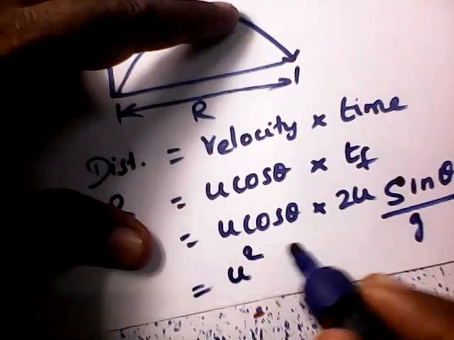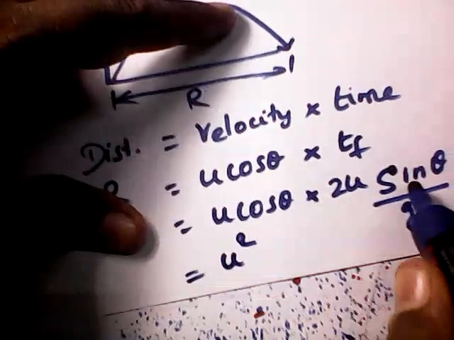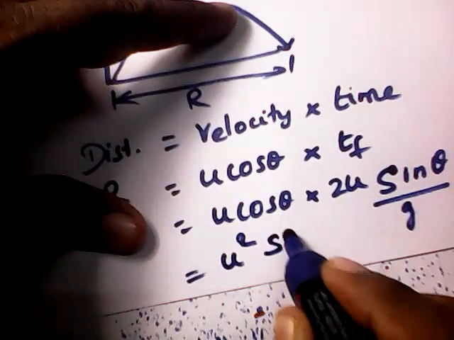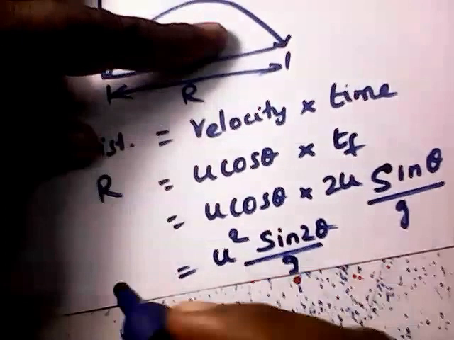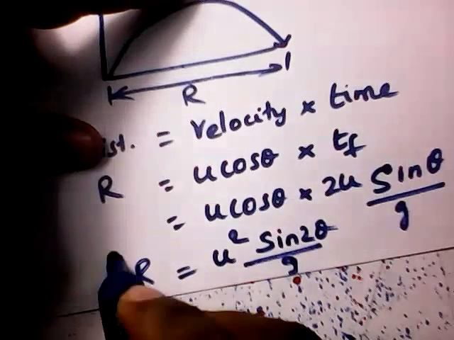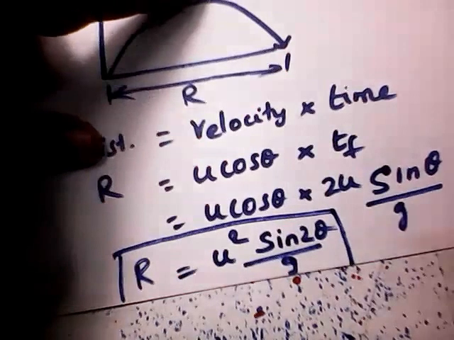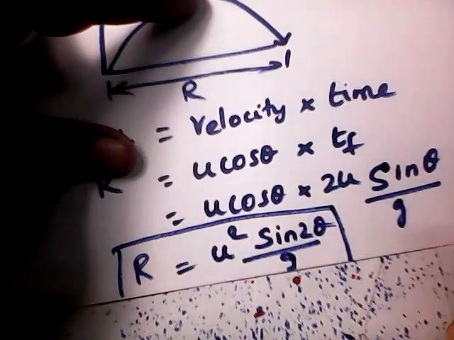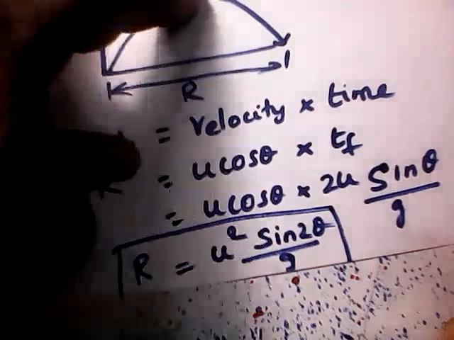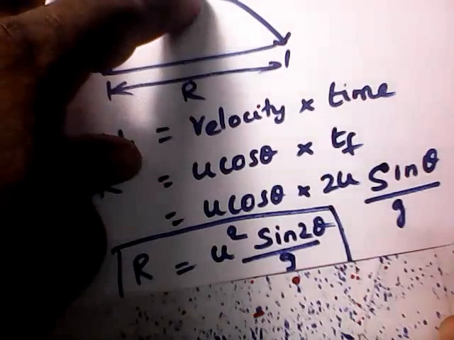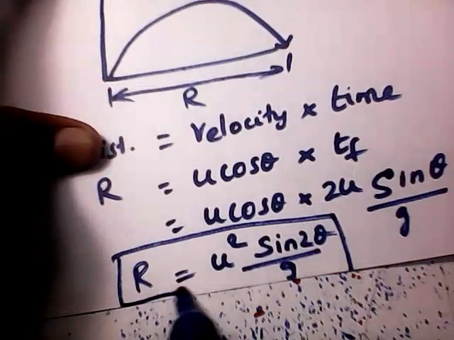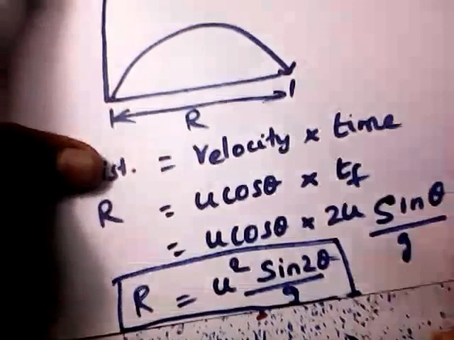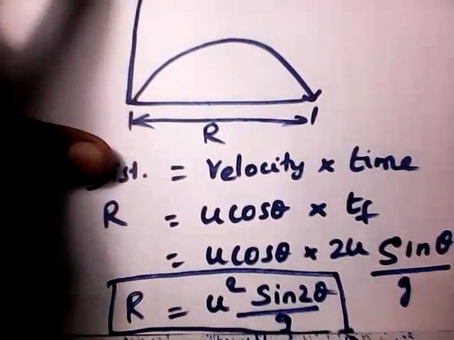Hence it becomes u square into 2 sin theta cos theta, which is sin 2 theta, divided by g. This is the formula for range: range equals u square sin 2 theta by g.